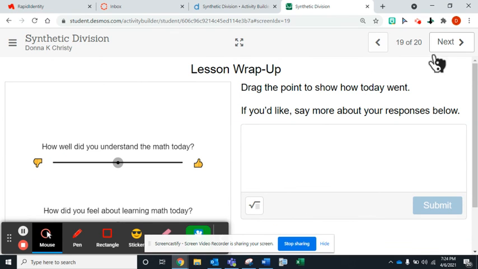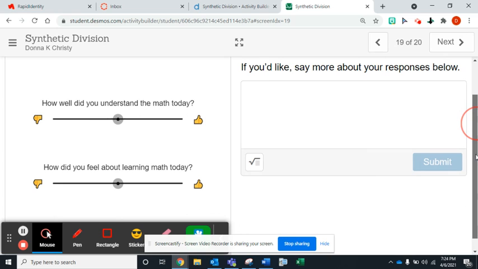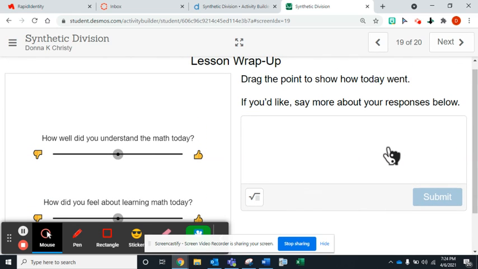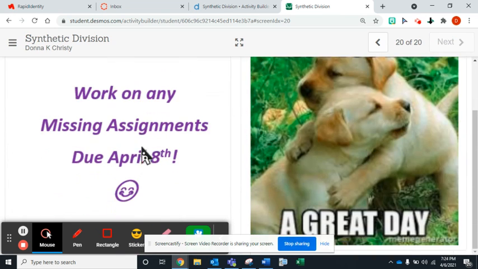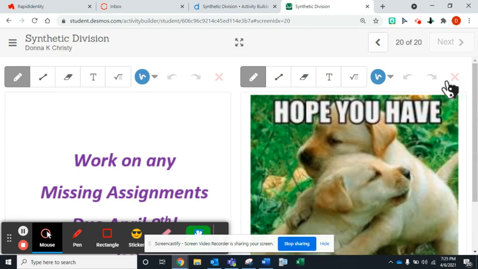I would like for you to drag this. If you took notes on this, I may go back and look at this to see how you're doing. Your assignment for today is work on any missing assignments, and you also have a worksheet. The worksheet is synthetic division and the review problems on this Desmos.